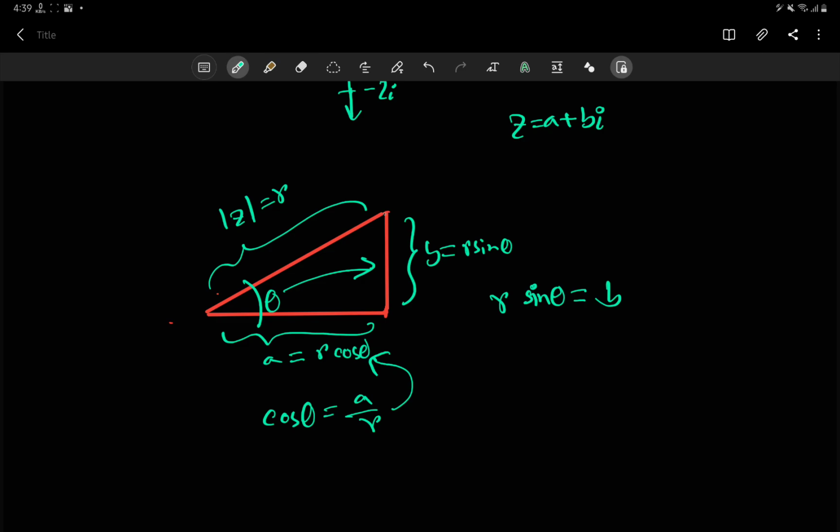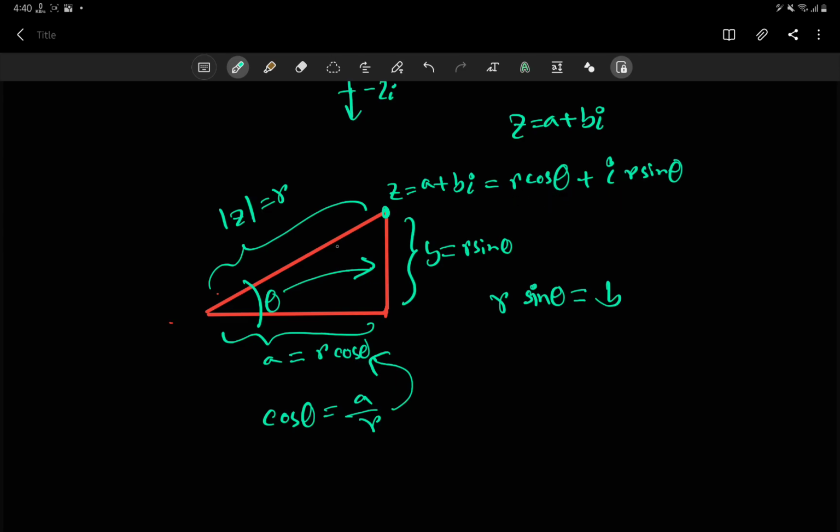So instead of writing z equals a plus bi, we can also write this as r cos theta plus, well, let's write the i here, i r sin theta, just not to get confused. Okay, so this is also another form of writing this.